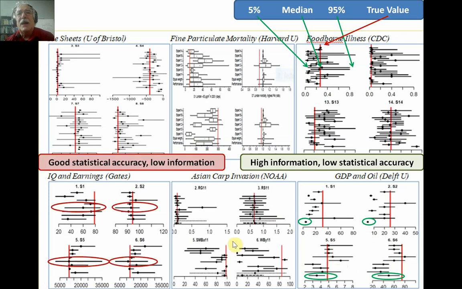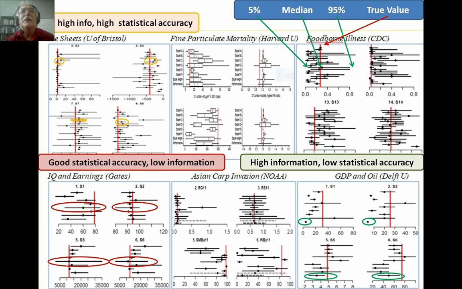Moving over here to IQ and earnings, we see an expert who is accurate statistically, but rather uninformative relative to the other experts in the panel. And if that's the best we've got, then we're happy with that. But we would really prefer to see Goldilocks up here, who has high statistical accuracy and high information.